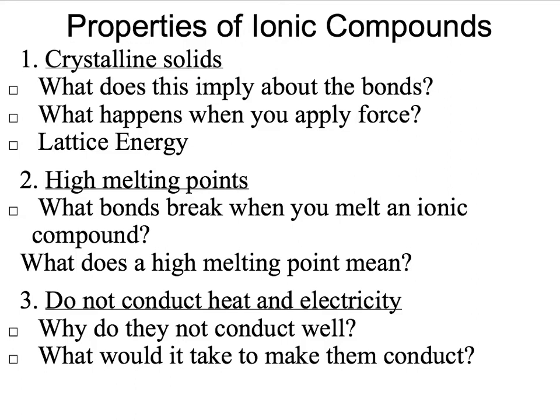And then what happens when we apply force to these bonds? Because there's such a regular arrangement of positive and negative charges, when we apply force to a crystalline solid, we misalign those charges, and you can get like charges lining up next to each other, which causes a strong repulsion, and it shatters that crystal, which leads to another property of ionic compounds, that they are brittle.